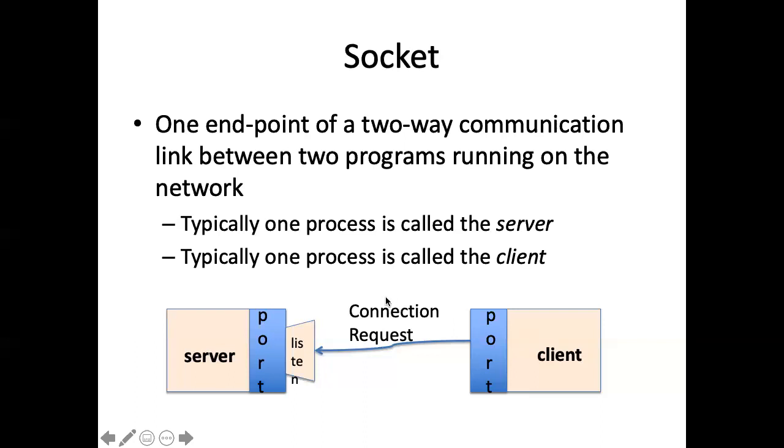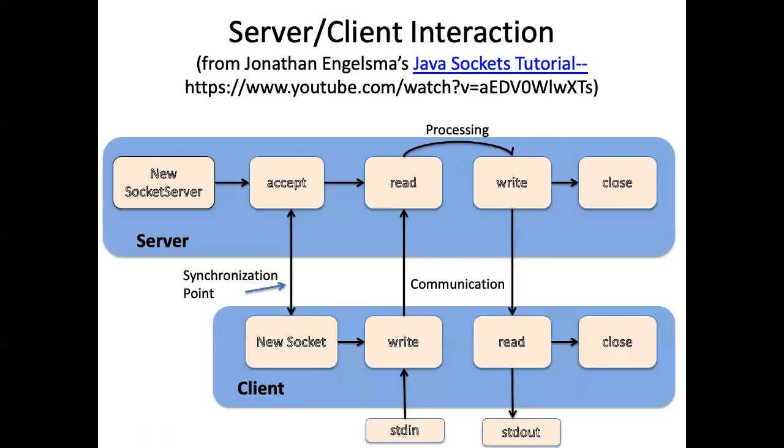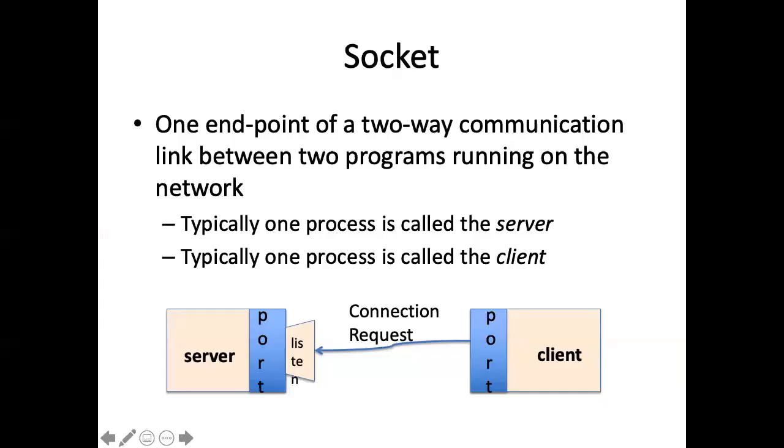When a connection request is consummated, a two-way socket is created. Well, not really. Two sockets, I guess, are created. One on the server side, one on the client side. And they can now communicate over these sockets.